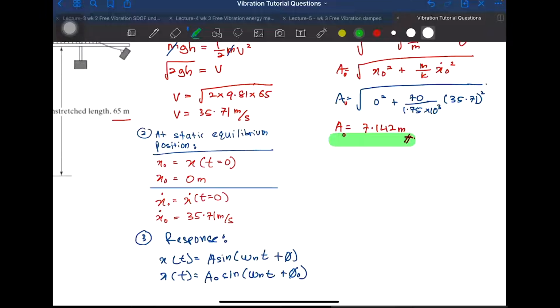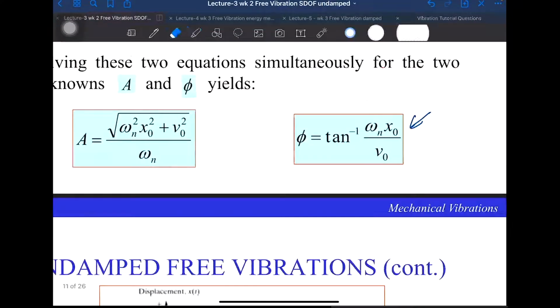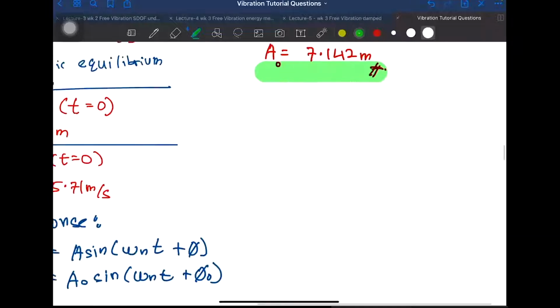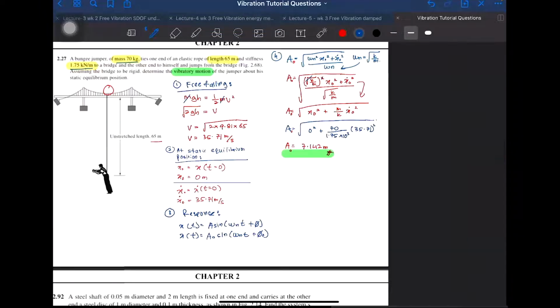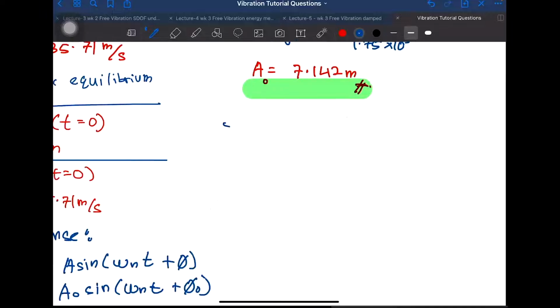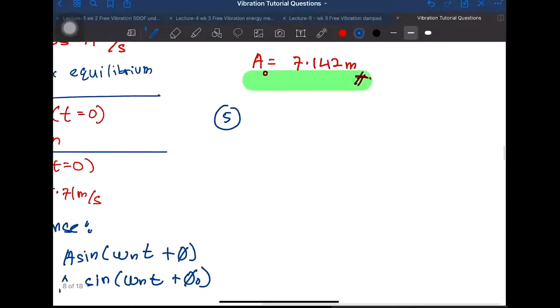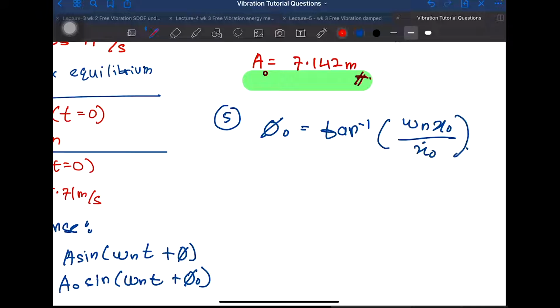Now, the next thing we have to find is the phi, the angle. Phi is shift tangent omega n x naught over v naught. So calculate that. Substitute all the values that you have.